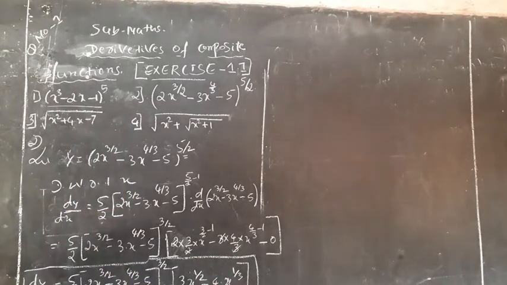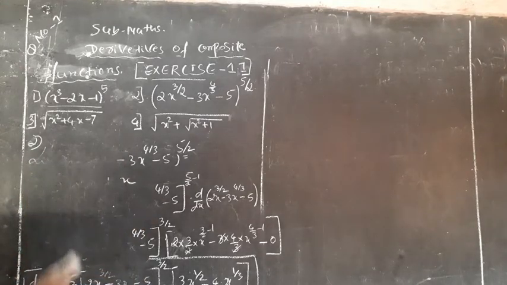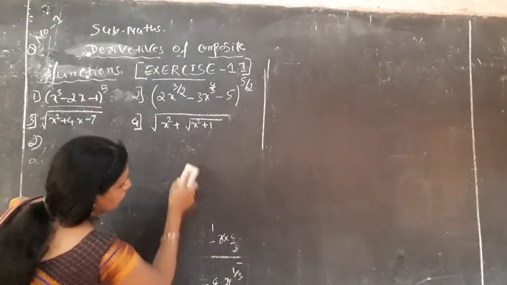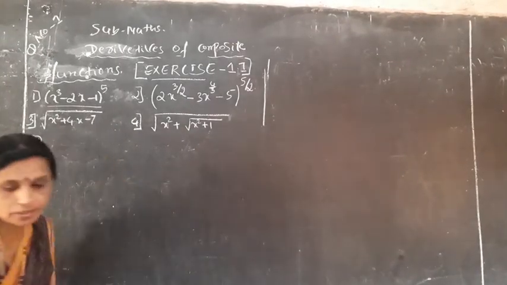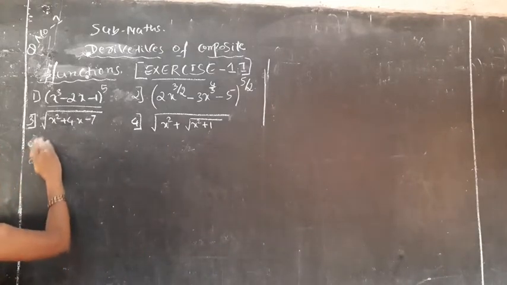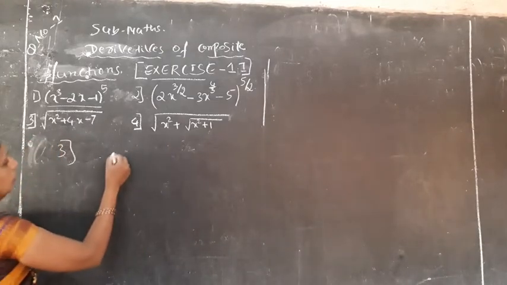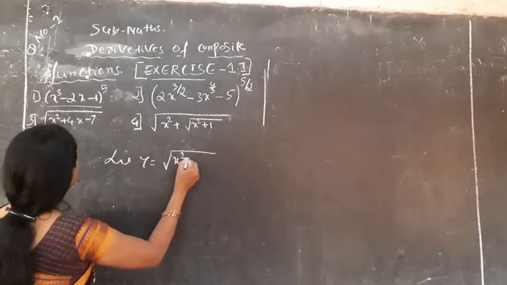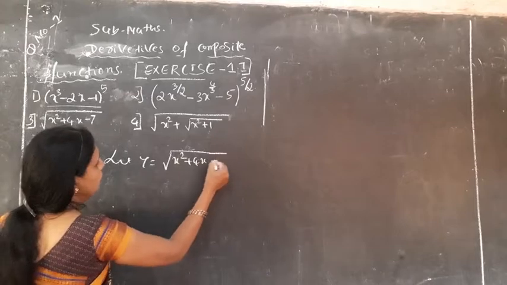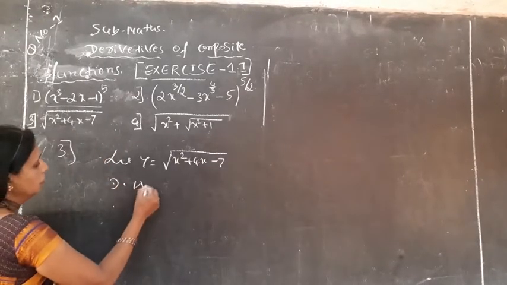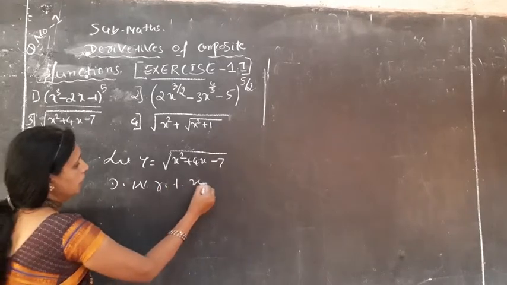Okay. Next, discuss the third example. First define the function, let y equal to square root of x square plus 4x minus 7, differentiating with respect to x.